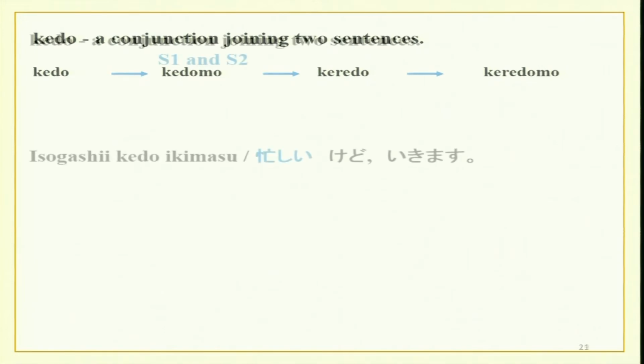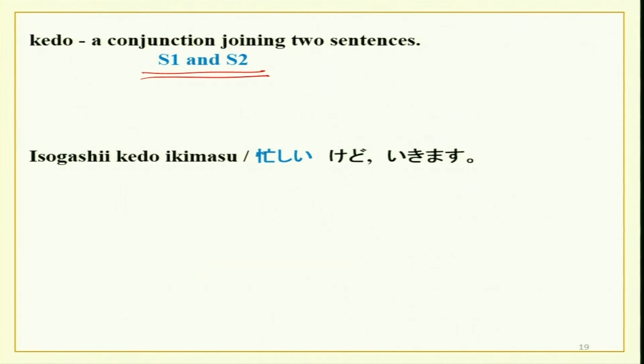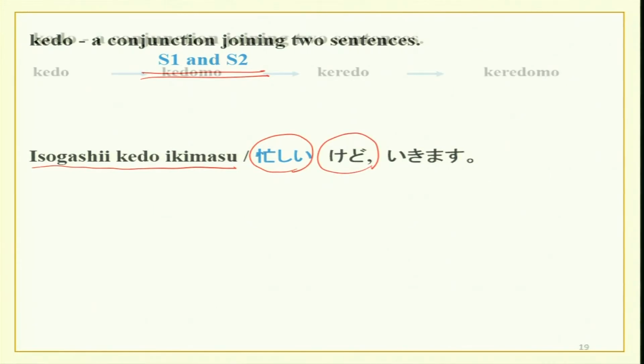Now, the conjunction kedo is a joining word and joins 2 sentences showing contrast. Today, we will see the formal part or the polite word for kedo. So, you can see over here. Now, the example is isogashi kedo ikimasu. So, we just did the kanji for isogashi also.